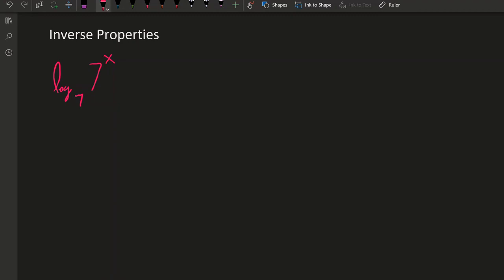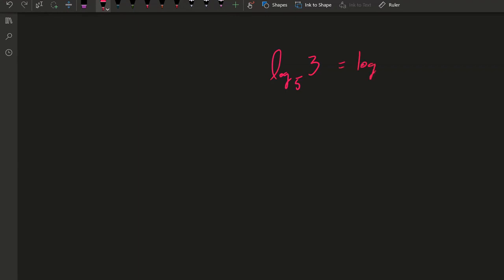One thing I want to point out real quick, and this is going to be a small logical jump for us. If I have log base 5 of 3 is equal to log base 5 of x, what does x equal? Hopefully you can say that x is 3, because you see both sides of this equation are identical except for the x and the 3, which are in the same spot.